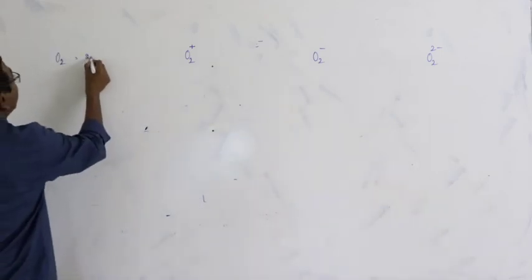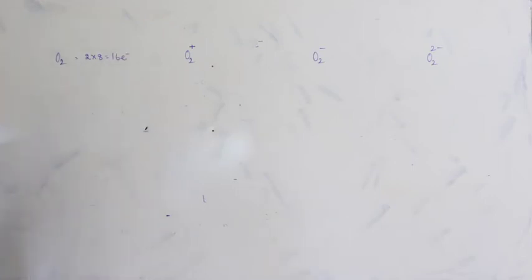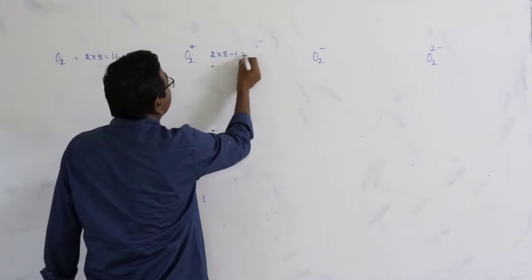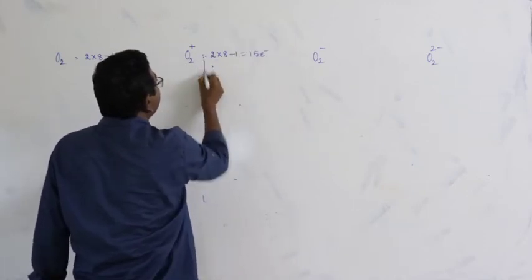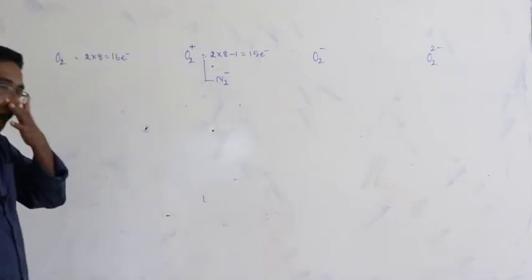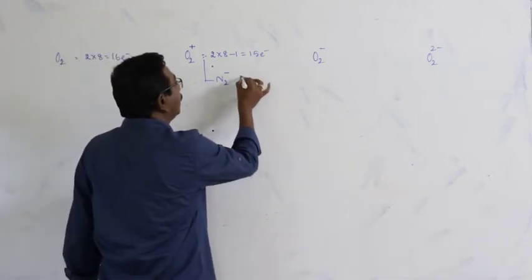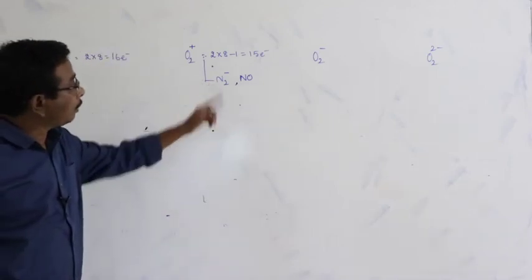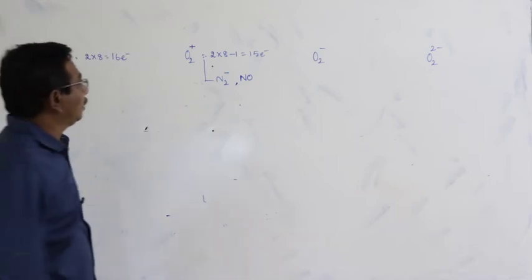And here 2 into 8, 16 electron system. 2 into 8 minus 1, 15 electron system. 15 electron system already discussed, N2 minus, and NO, 7 plus 8, 15.